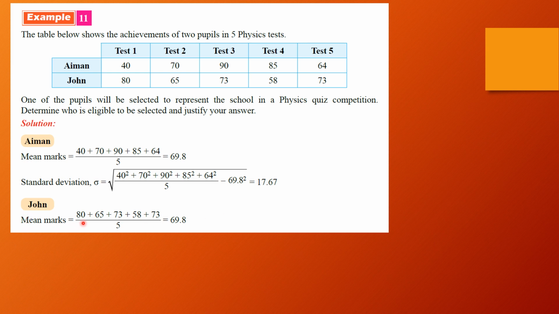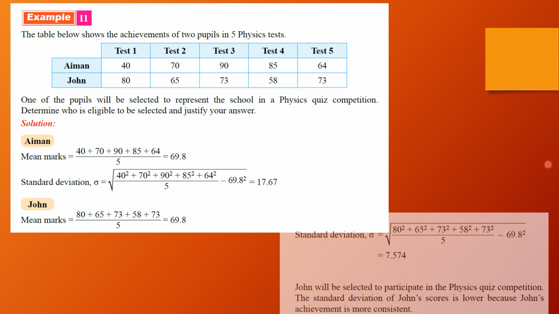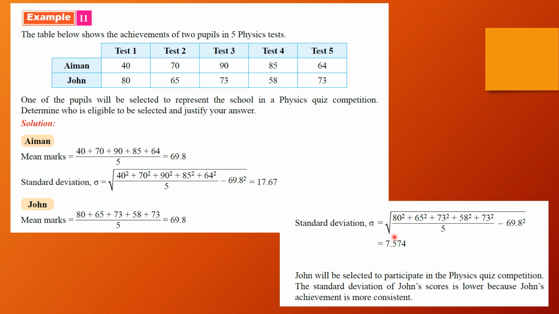Next, we calculate for John. The mean mark is 80 plus 65 plus 73 plus 58 plus 73 divided by 5. So the mean mark is 69.8. Then standard deviation. We find the sum of squares first: 80 square plus 65 square plus 73 square plus 58 square plus 73 square.